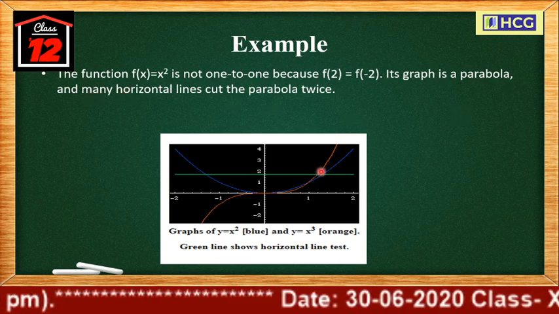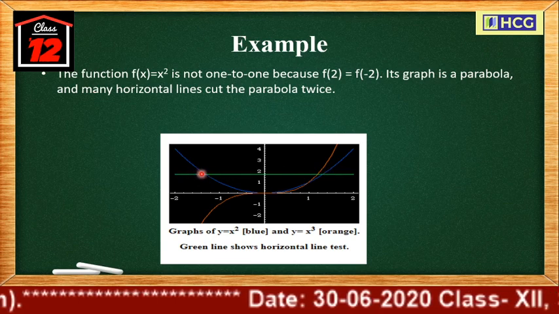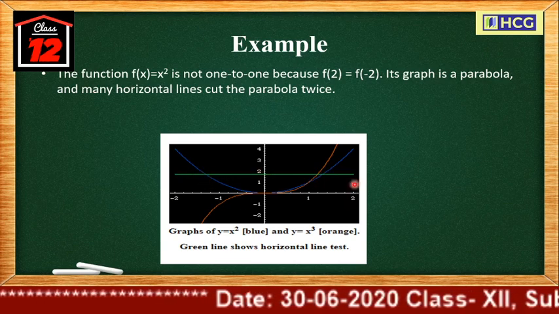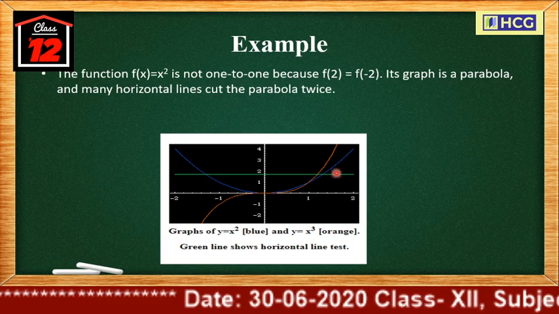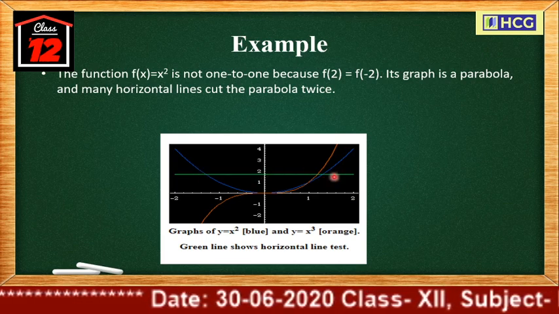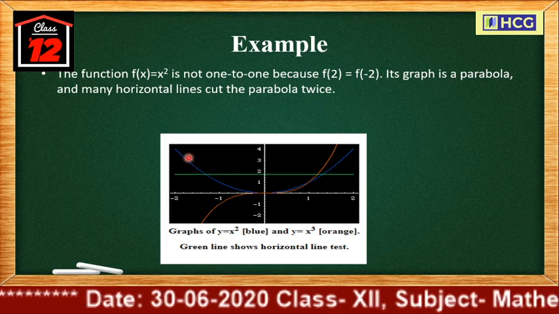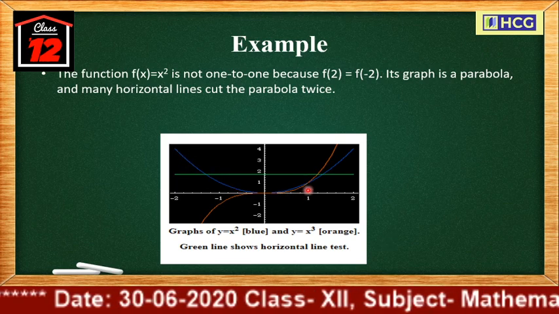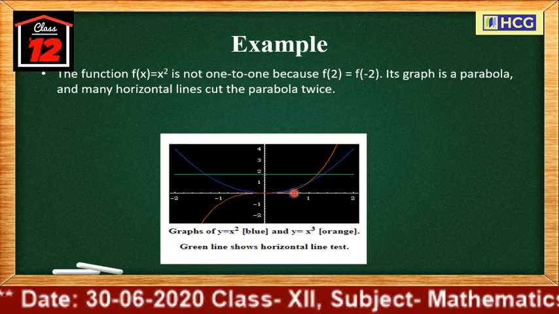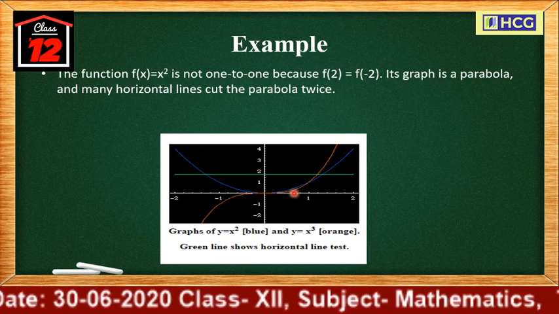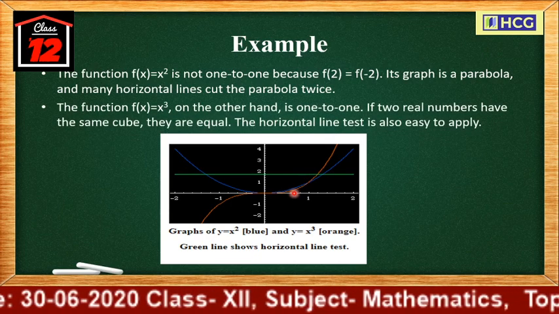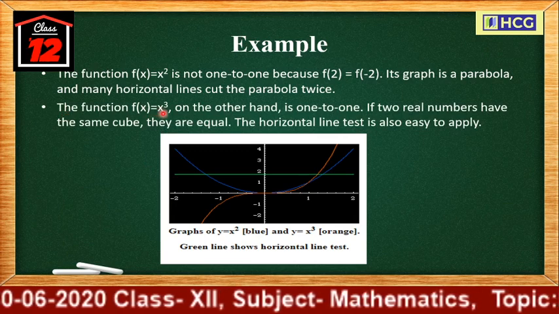Now the green line is a horizontal line, and this green line cuts the graph y equals x squared twice. So therefore, by the horizontal line test, the function f(x) equals x squared from R to R is not one-to-one or injective. And consider another function, f(x) equals x cubed.